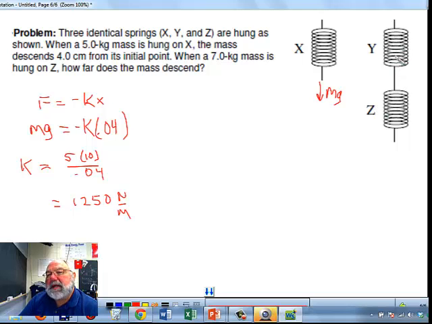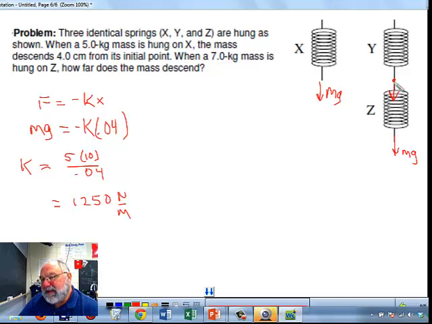Now, let's take a look at our system here. Spring Y has a force acting on it down by spring Z, and spring Z has a mass suspended on it of mg. Newton's third law says that whatever is pulling Z down is also going to be pulling Y down.